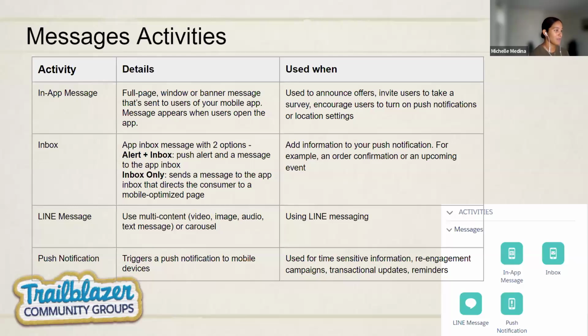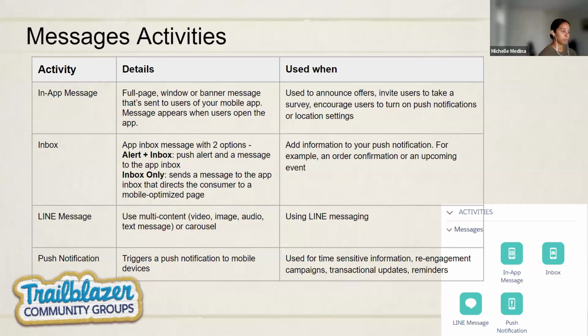And then we have the line message activity. So this is really, you can build a multi-content builder message, including video or an image, audio, or you can also use a text message or a carousel within Line messaging. For those who may not be familiar with Line, it is a social messaging app. So Journey Builder has a direct integration with that.